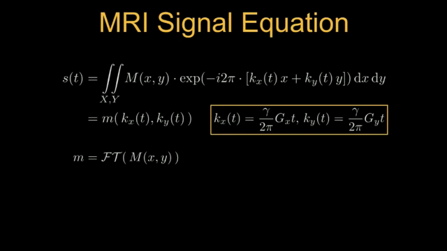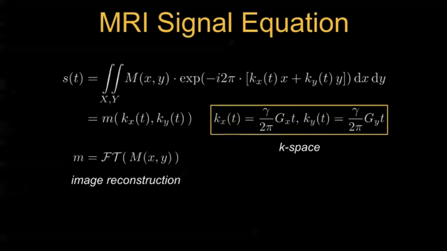And if we want to figure out the underlying big M of xy, which is our object of interest, we can take a Fourier transform of our measurements. This means we're going from this defined Fourier space, or k-space, back into the spatial domain, xy space. And this process is, I guess, the basic form of image reconstruction for MRI. And you'll learn more about that. Fundamentally, it means we're recording data in one domain, going back to the other domain to form an image.